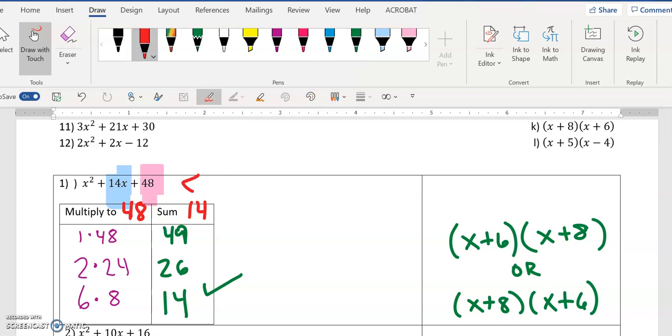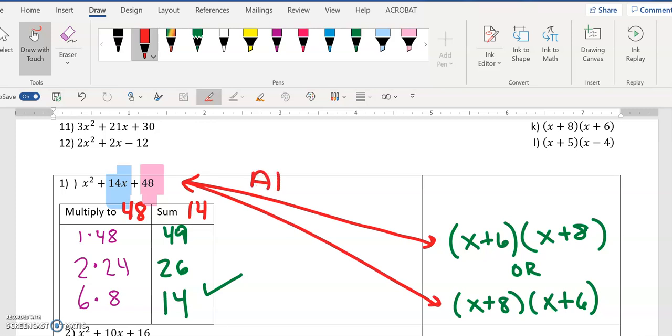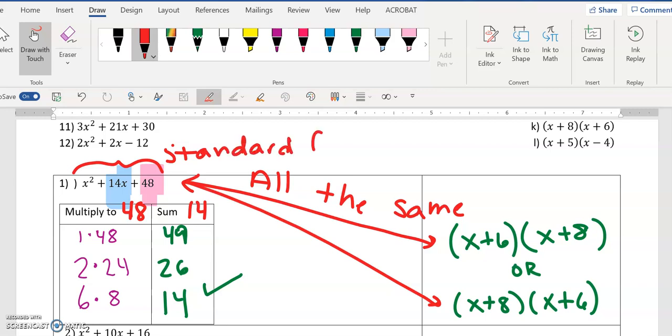I'm just going to reiterate that for a moment. These are all the same. This is called standard form. And this is called factored form.